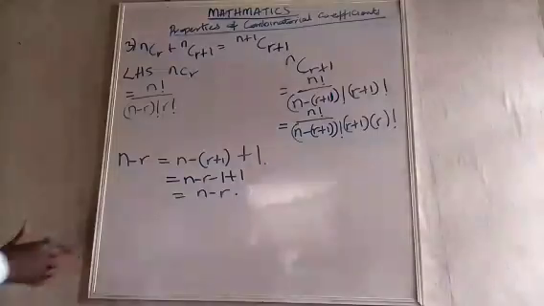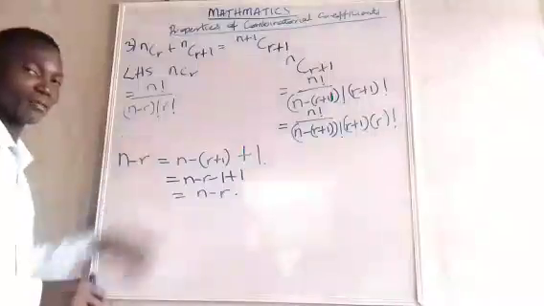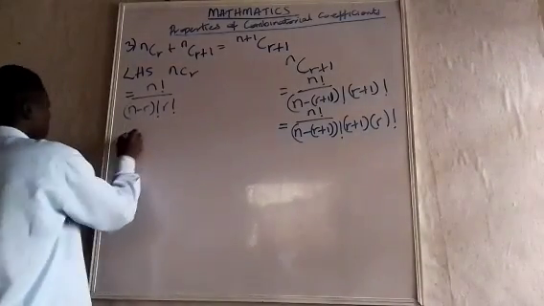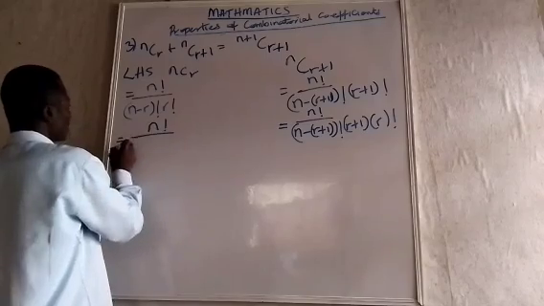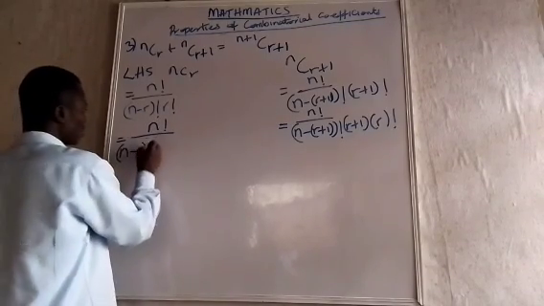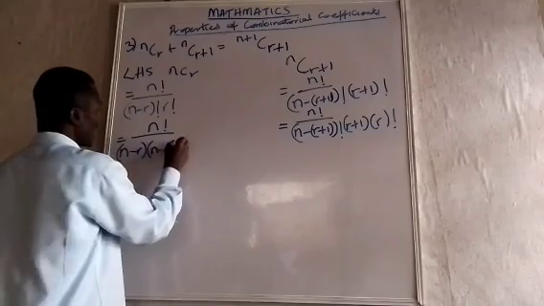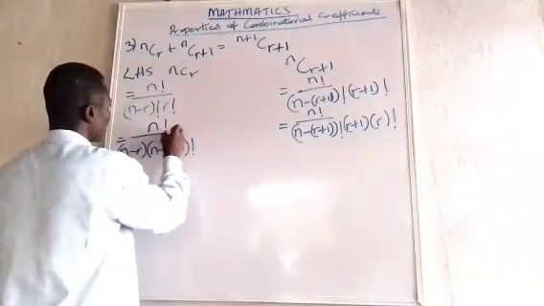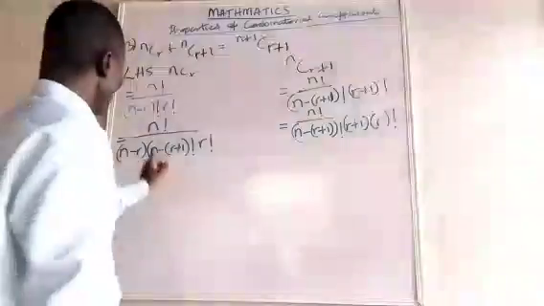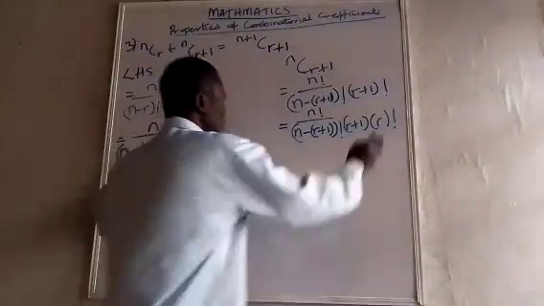So I think that has cleared this up. So we can break this one down further. Here, this one is equal to n factorial over (n minus r) into (n minus r minus 1) factorial, r factorial. So you can see we have factors here now.